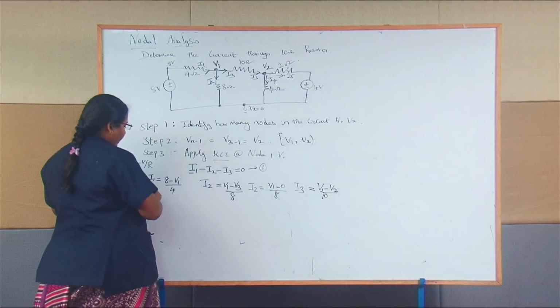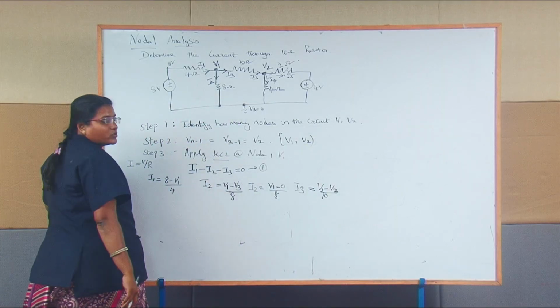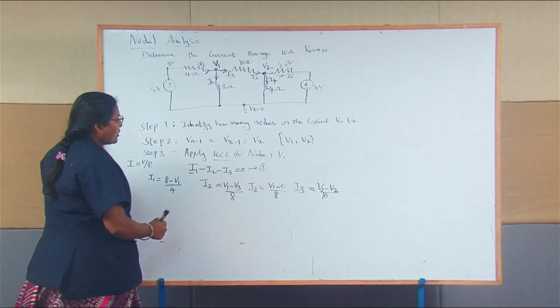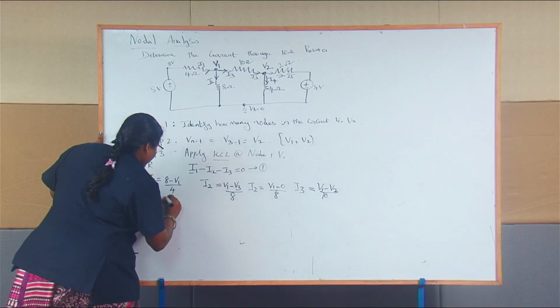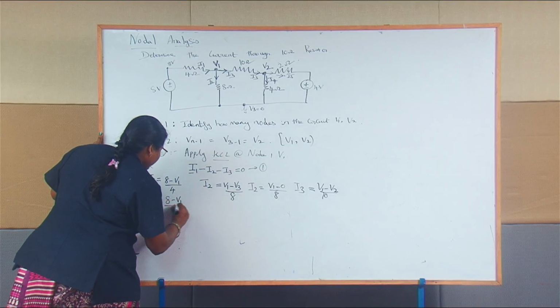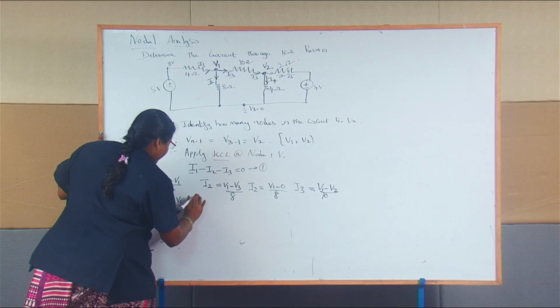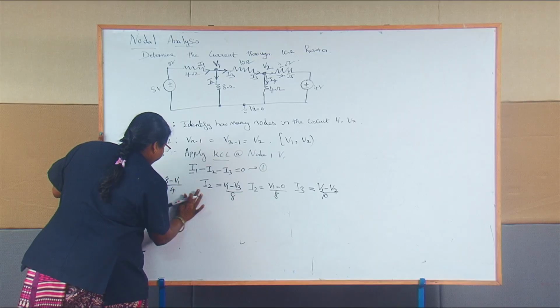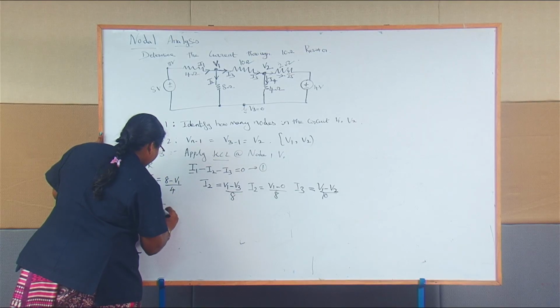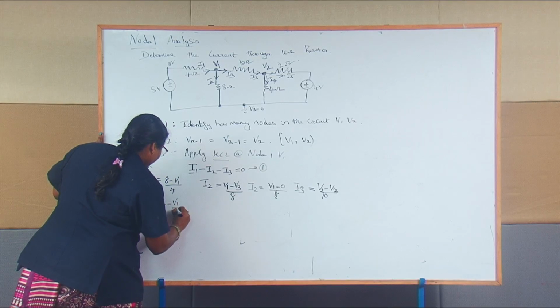Now I know what I1, I2, I3 are. You just substitute I1, I2, I3 in equation 1. So 8 minus V1 divided by 4, simplifying, is 8 by 4 minus V1 by 4.